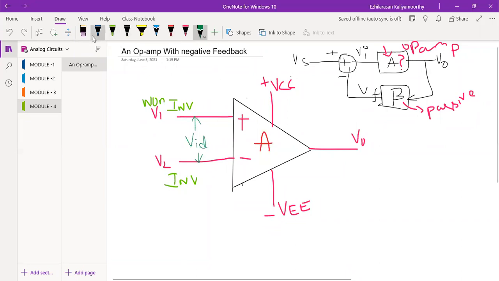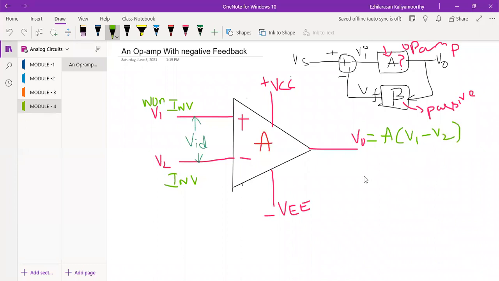So from this, I can say V0 is equal to the difference of the input voltages, V1 and V2, multiplied with the gain, so A into (V1 minus V2). So that is the amplified output. What is the operational amplifier? It amplifies the difference of two inputs. That is what we can say about the operational amplifier.